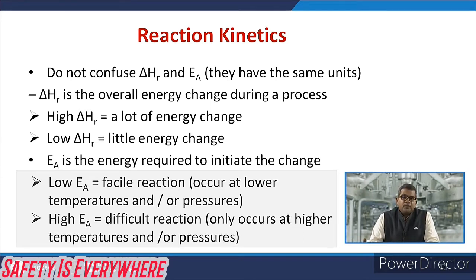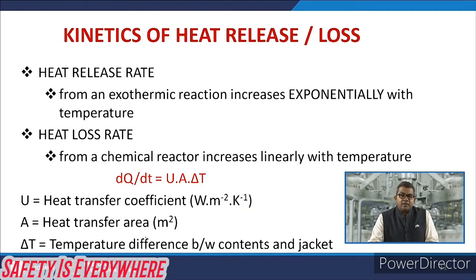EA is the energy required to initiate the change. If we have a low EA, that is a facile reaction, it occurs at a lower temperature or pressure, and if you have a high EA, that is a difficult reaction, it only occurs at a higher temperature or pressure. So these are certain suggestive measures for the reaction kinetics.